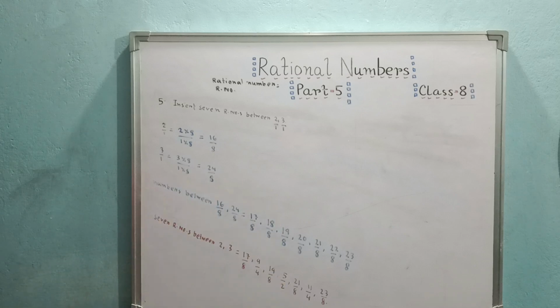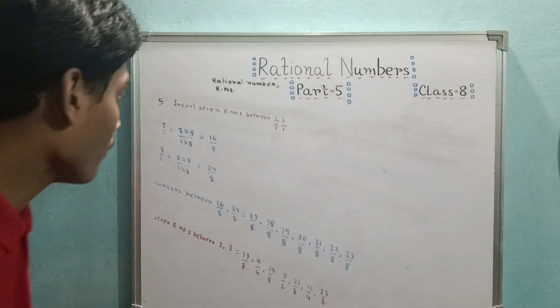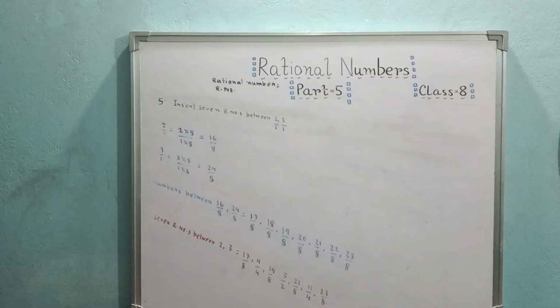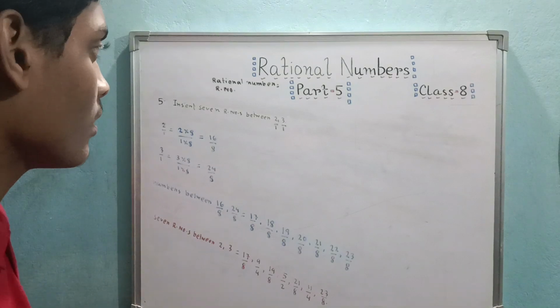So this finishes this huge chapter of rational numbers for class 8. So many things we learned: introductory concepts of rational numbers, the operations on rational numbers, which are addition, subtraction, multiplication, and division.